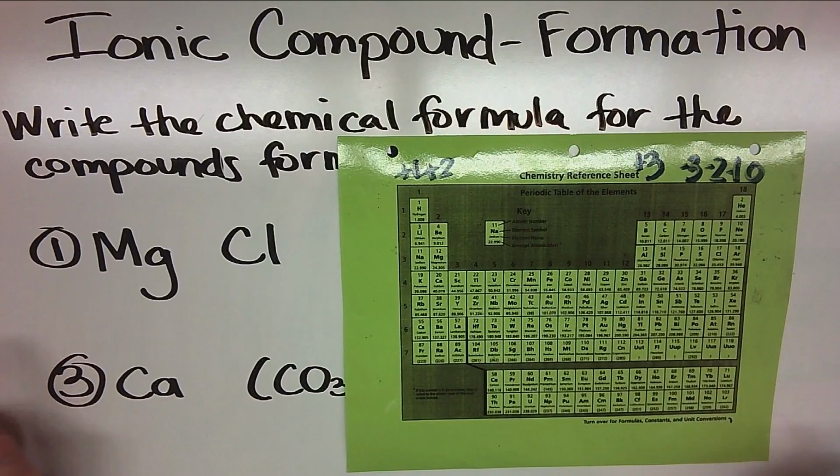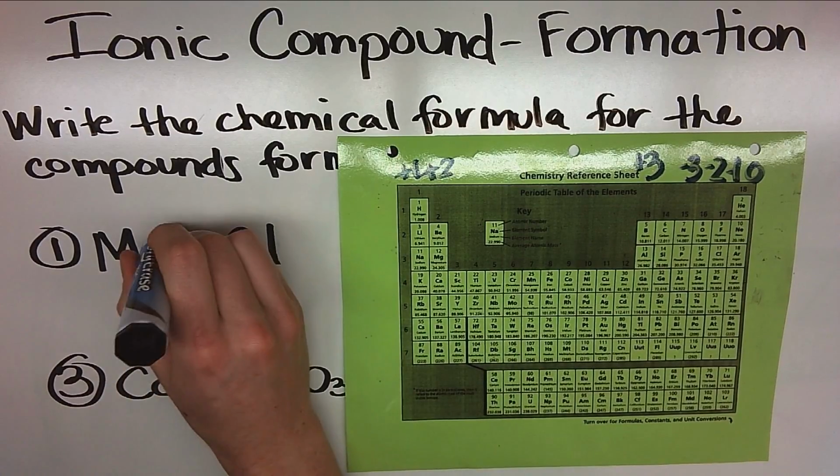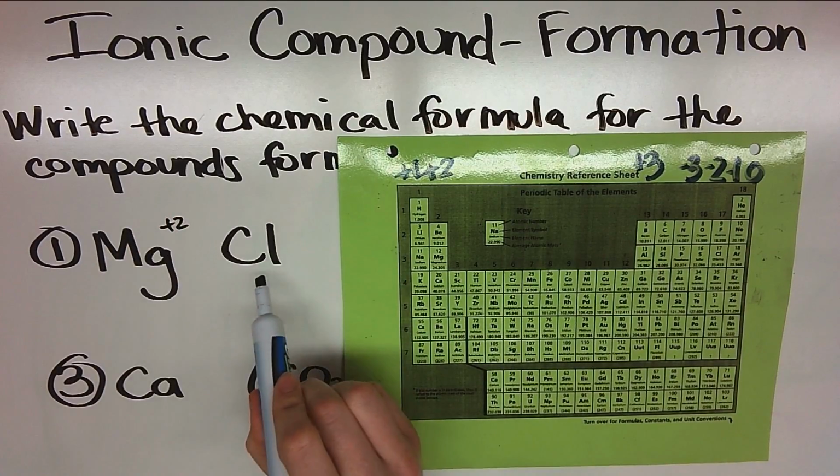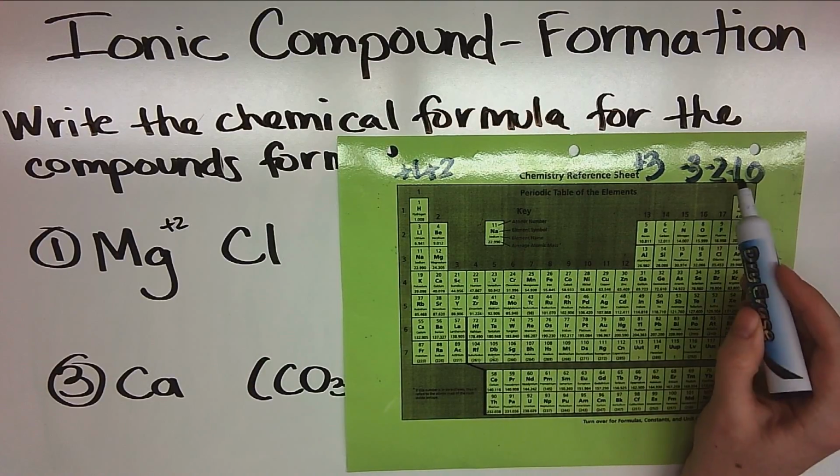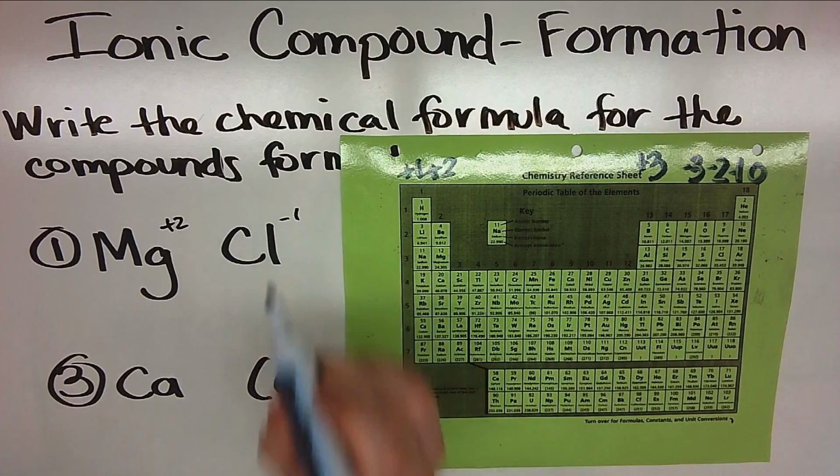Okay, so first I need to find out what the charge would be of magnesium. Magnesium falls in the alkaline earth metals, so it would have a +2. I'm going to write that here, +2. Chlorine is a halogen, so its charge if it formed an ion would be -1.